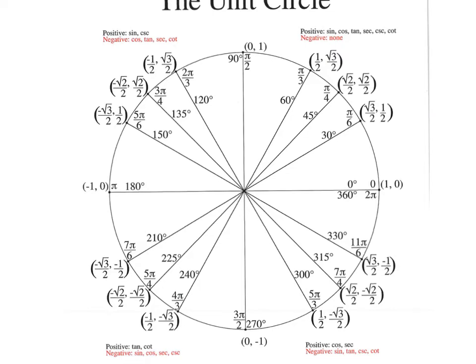Now, these coordinates come from our special right triangles. So if we look at this first triangle here for the 30-degree angle, and I drop my point down to form my right angle, theta is 30 degrees. And we get the square root 3 over 2 and 1/2 from the relationship in a 30, 60, 90 special right triangle. So we know that the side opposite 30, which is going to be our y, this is our x, is half of our hypotenuse, which is where we get the 1/2.